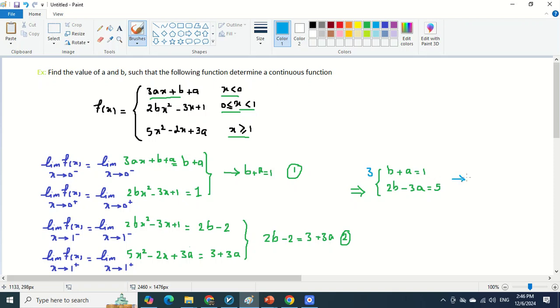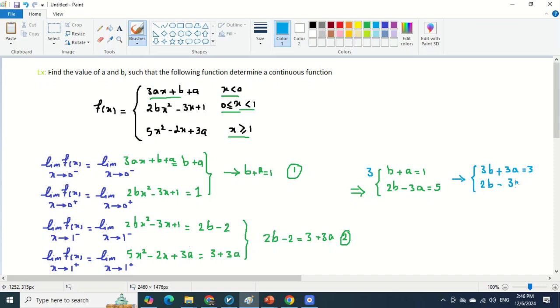Then I have 3b plus 3a equal to 3, because I multiply all of them by 3. And the second one is 2b minus 3a equal to 5.